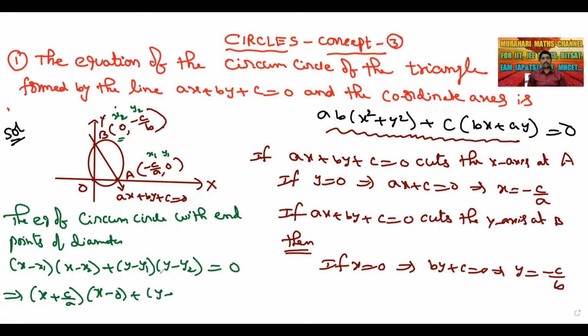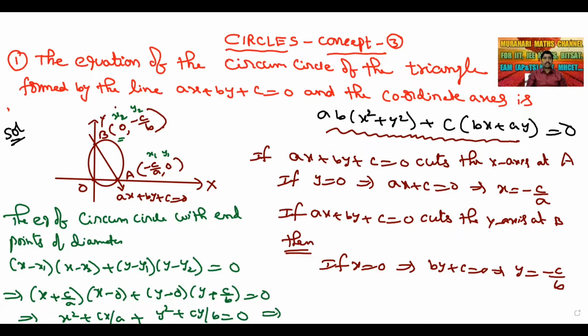Plus y minus y1, where y1 value is 0, times y minus y2, where y2 value is minus c by b, so minus into minus gives plus c by b. It becomes x times (x plus c by a) plus y times (y plus c by b) equal to 0, that is x square plus cx by a plus y square plus cy by b equal to 0.